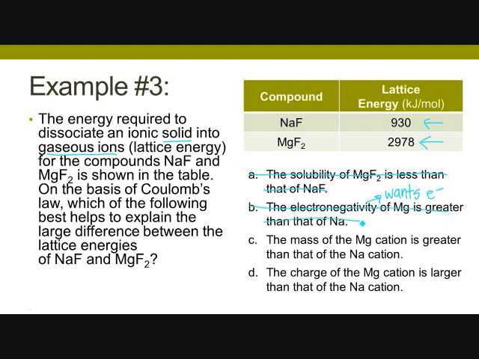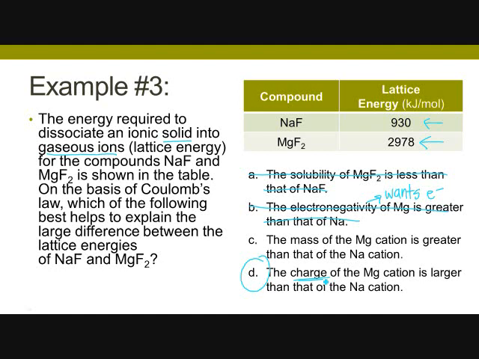The mass of the magnesium cation is greater than that of the mass of the sodium cation, or the charge. Now the correct answer, because we're getting down to it, the correct answer is D, the charge. This goes back to what we talked about in 2.2, where we said that when you have higher charged ions, that makes for stronger attractions.